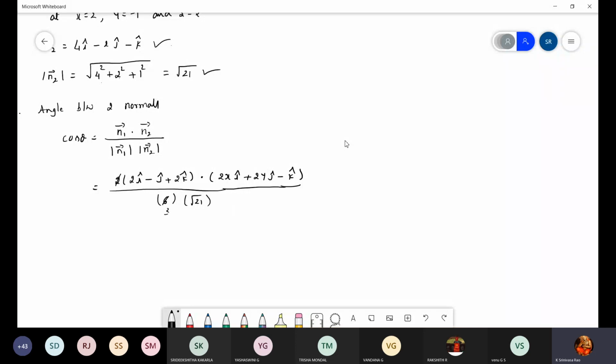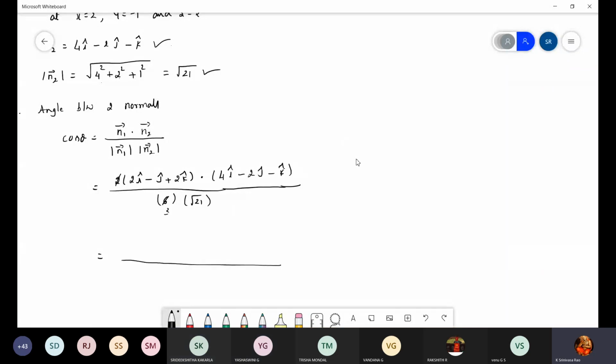The second vector is wrong, no? Yes, you have to substitute the point. This should be 4i minus 2j minus k.